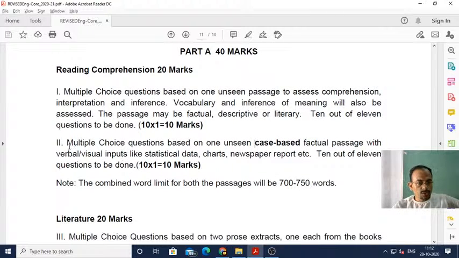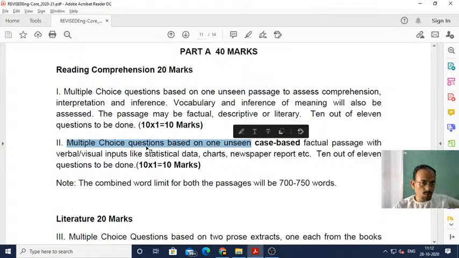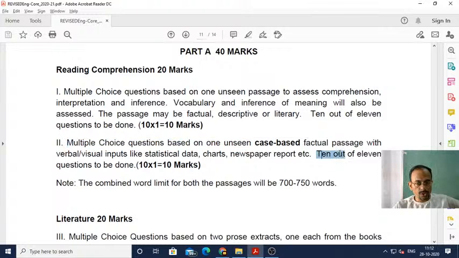The second question is also in this manner. You see, multiple choice questions based on one unseen passage. 11 questions will be given, out of which you've got to answer 10 questions. But this time the passage is different. This time the passage will be based on case studies. Do you know what is the meaning of case studies, dear students?